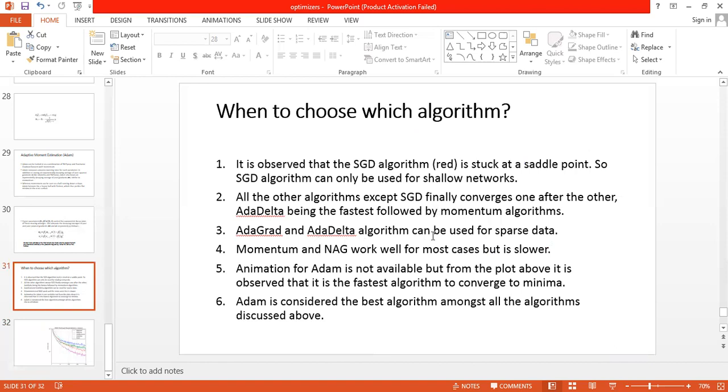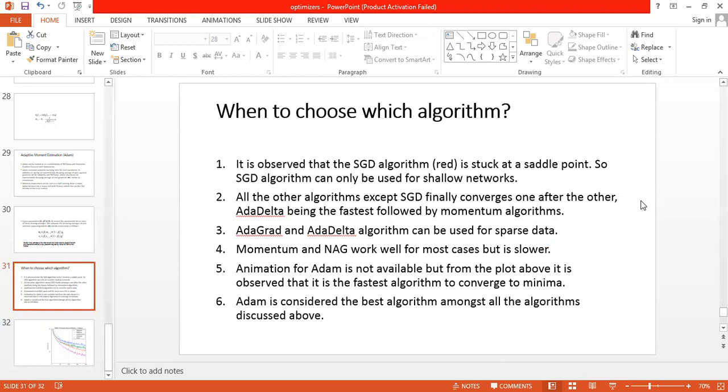Adagrad and Adadelta can be used for sparse data. Sparse data means very scattered or differently formed data, where we can use Adagrad and Adadelta. Momentum and NAG work well, but their convergence rate is slower.